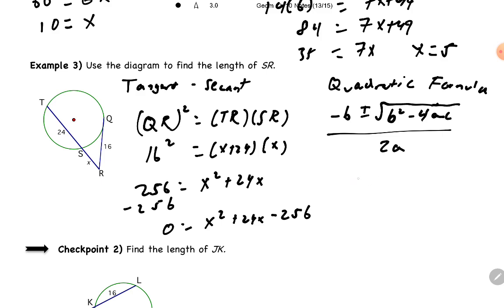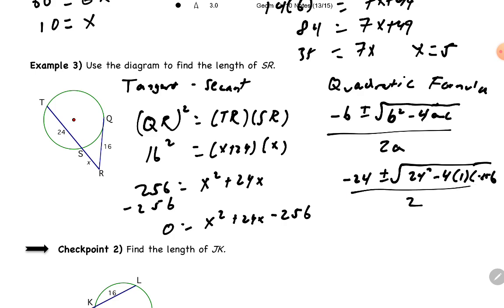So, in which case, let's put this in: negative 24 plus or minus the square root of 24 squared minus 4 times a, which is 1, times c, which is negative 256, all over 2 times 1.